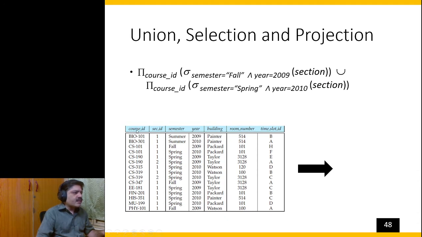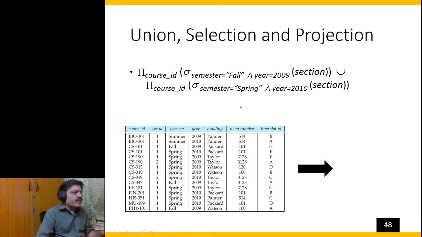So here is an example of a section table. If the semester is fall and year is 2009, this is one row that could be selected for output out of this selection operation. And of course, there could be more. So there's another fall 2009 here, and there is another fall 2009 here.